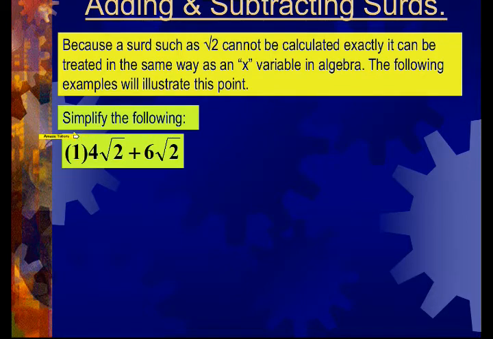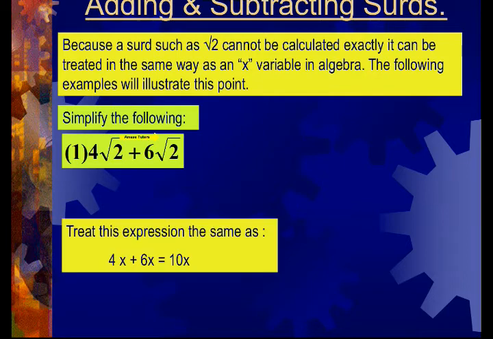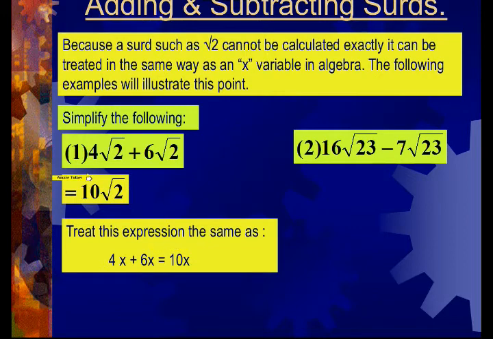After taking the x common, you will have 4 plus 6. Isn't it? That's why 10x. Now, in the same manner, 4 root 2 plus 6 root 2 is 10 root 2. See? Treat this expression the same as 4x plus 6x is equal to 10x. Now look at the answer, 10 root 2.